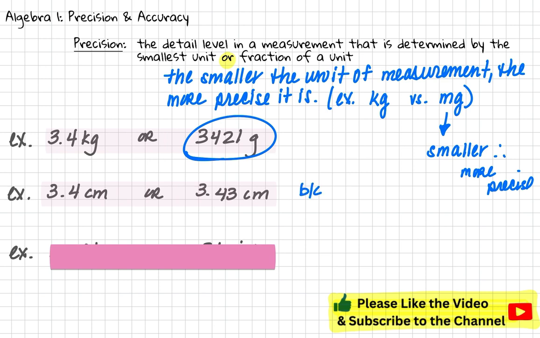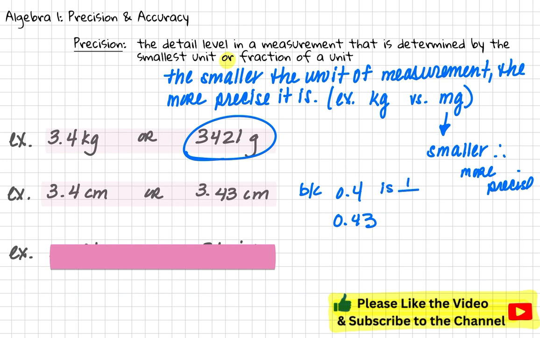When you compare 0.4 and 0.43, that goes back to this part here. It says fraction of a unit. The detail level of a measurement that is determined by the smallest fraction. 0.4, 0.43, they're both fractions, but which one's smaller?